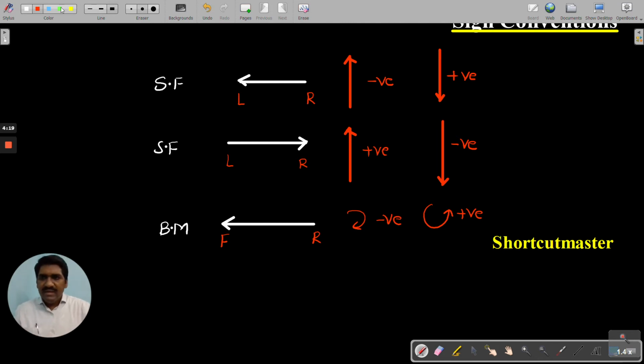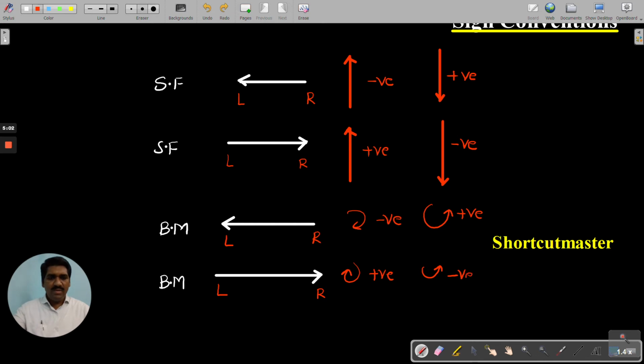Now, for the same bending moment diagram, if you are moving from left to right, in that case the clockwise moment is taken as positive and the anti-clockwise moment is taken as negative. I am saying all of you.